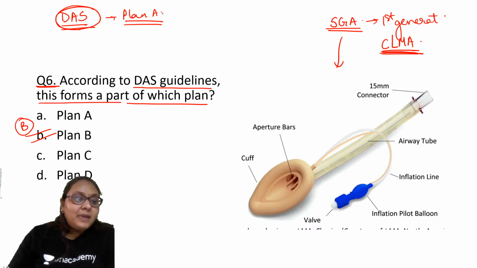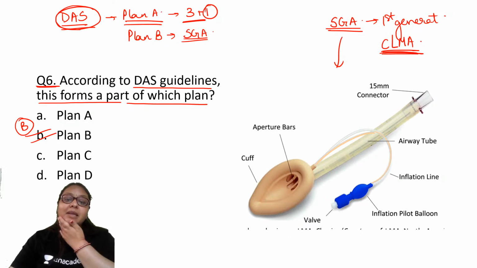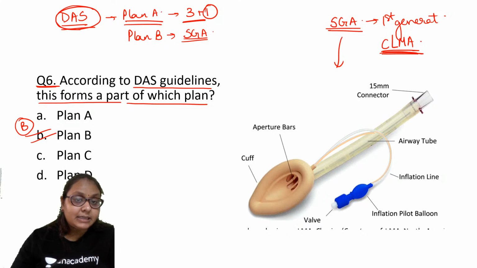If even after 3+1 attempts, including video laryngoscopy attempts, we are not able to intubate the patient, then move to plan B. And plan B is insertion of the supraglottic airway device.